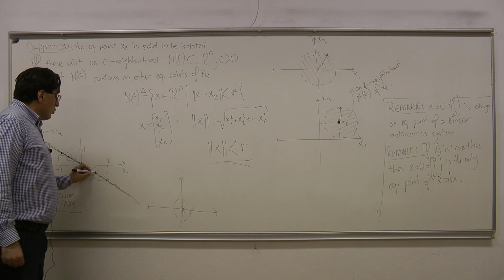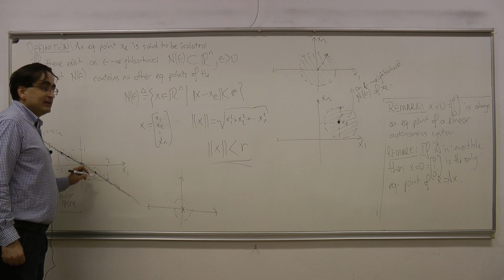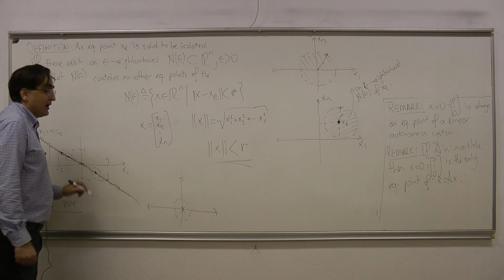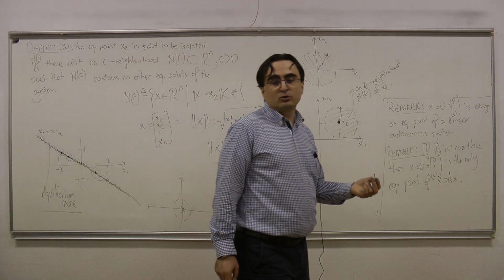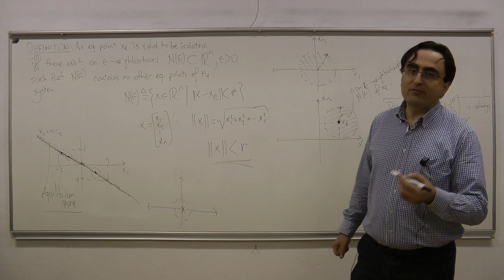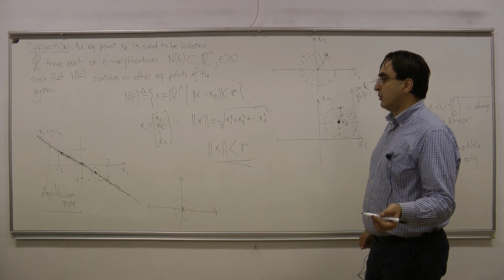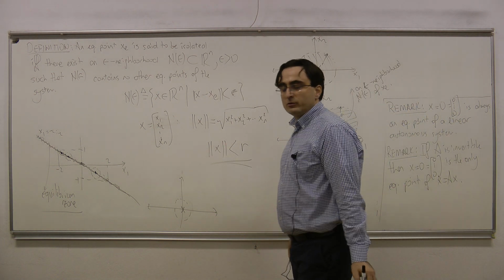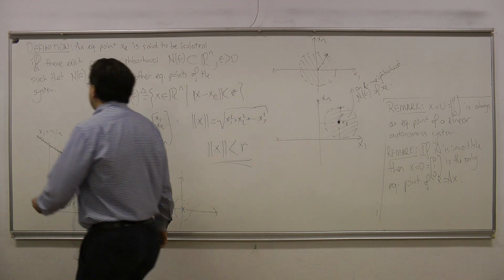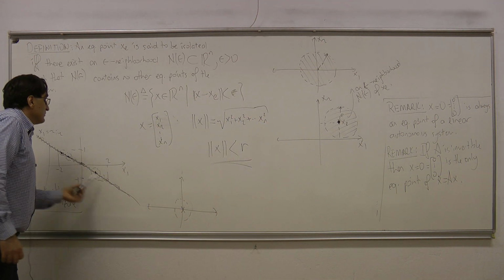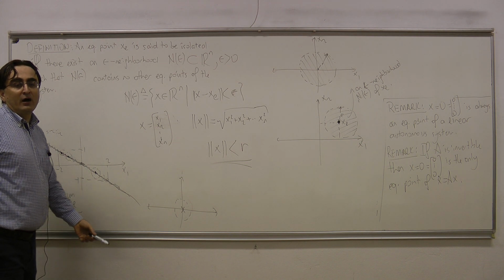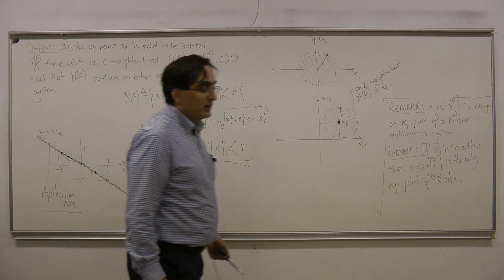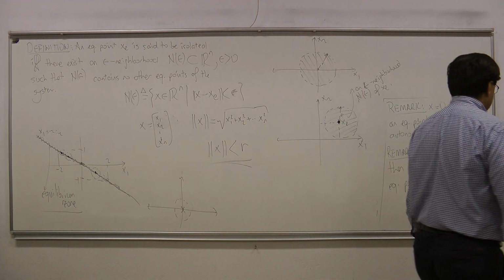As a result, a single equilibrium point on this line would always be a non-isolated equilibrium point. It is never isolated. It's never alone in an epsilon neighborhood. So as a result, I see that all of the equilibrium points on such a line would be non-isolated. They can never be isolated equilibrium points.